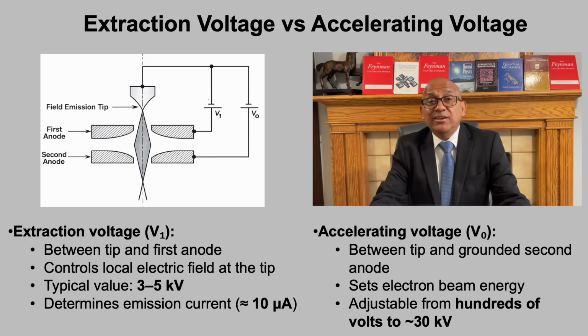The key point is that in a cold field emission gun, electron extraction and electron acceleration are controlled independently. This separation allows precise control over emission stability and beam energy, which is a major advantage of CFE sources.